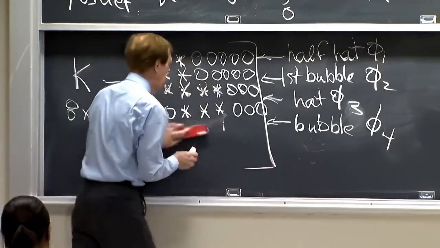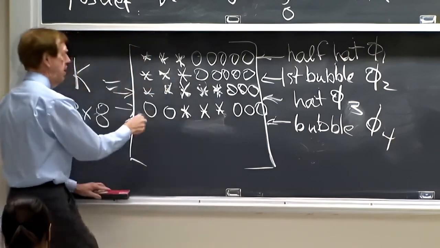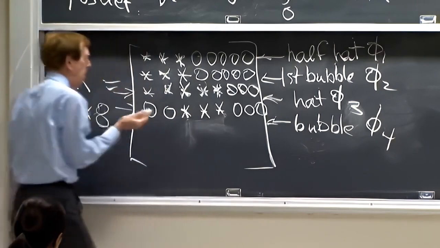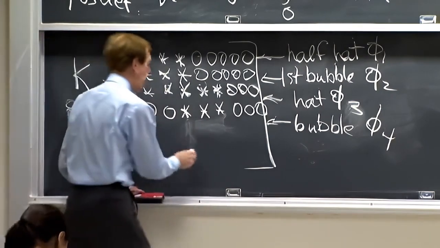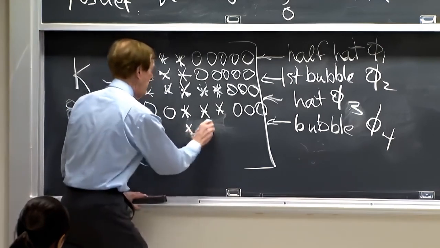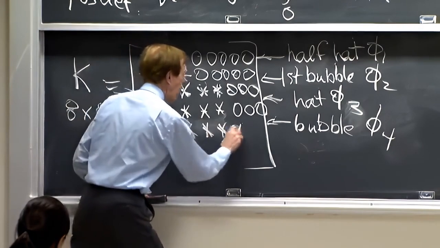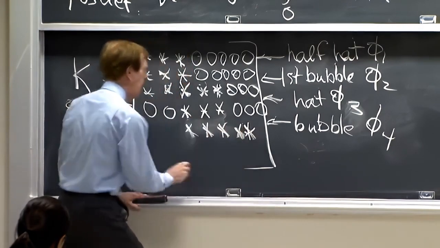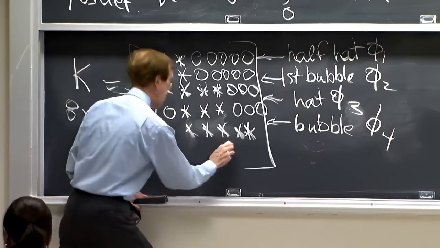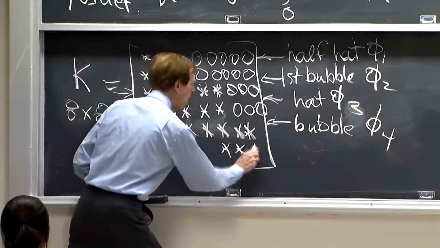So do you see that the next row will have 5? Hope so. And then the next row will have only 3 guys, maybe here, here, here.